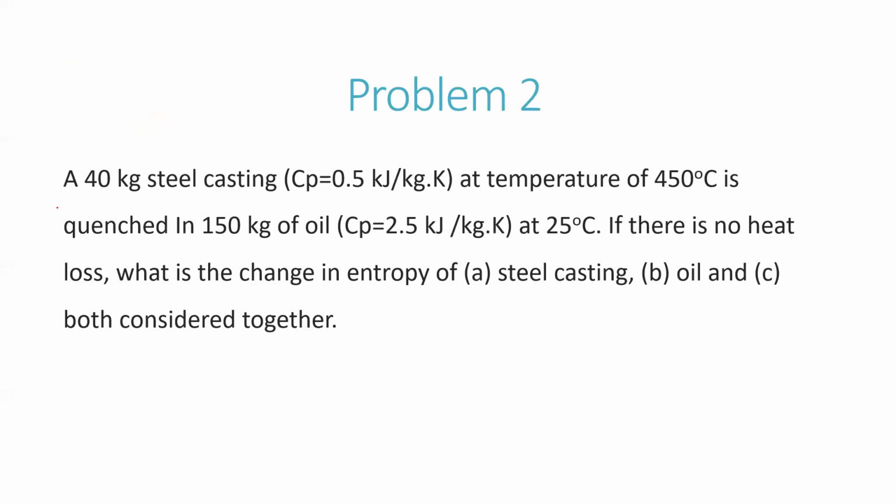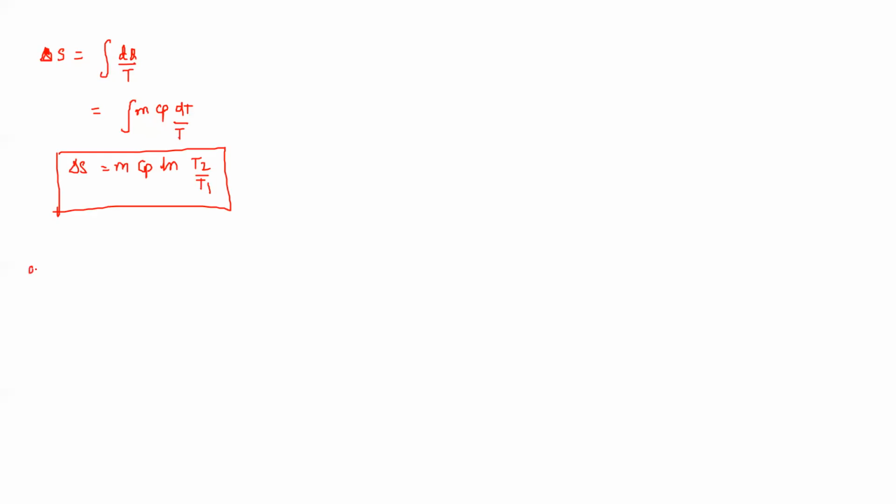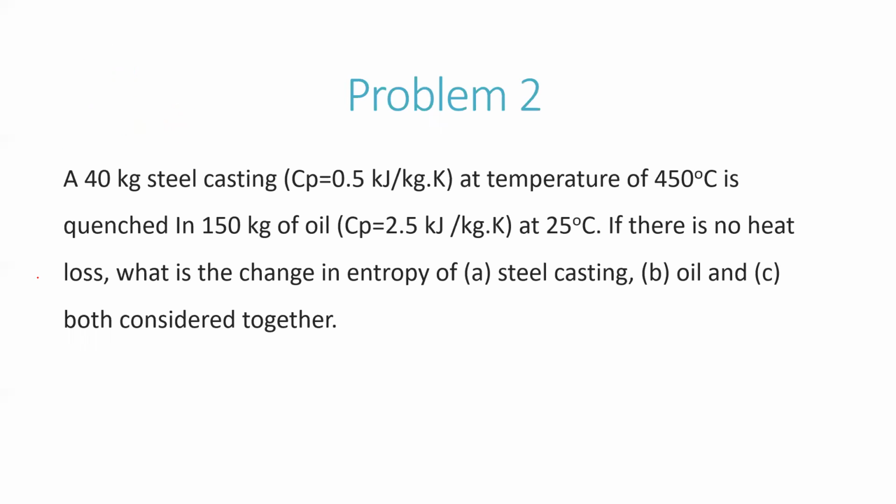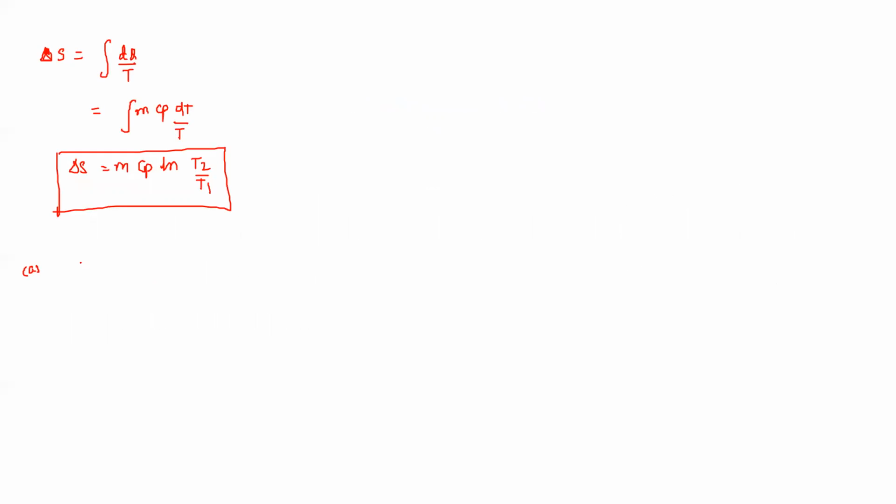So now for steel casting, you have m equal to 40 kg, Cp is 0.5, and T1 is 450 degrees Celsius. T2 is not known, right? So first of all, we have T1, which is equal to 450 degrees Celsius. That is the initial temperature, right?